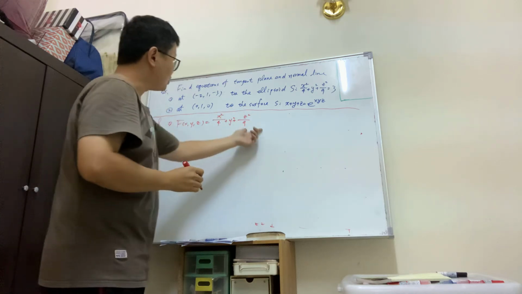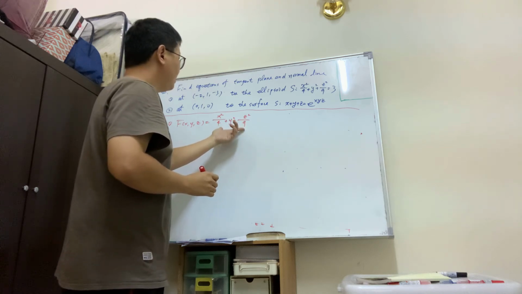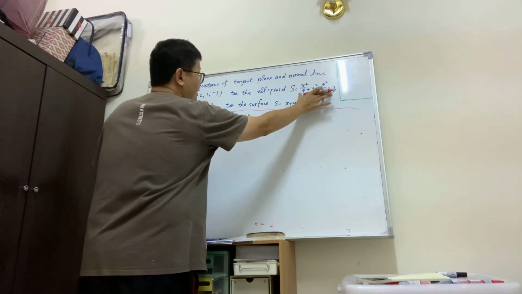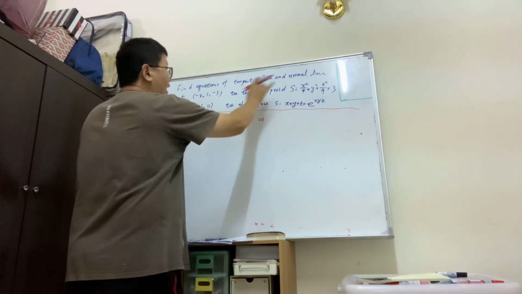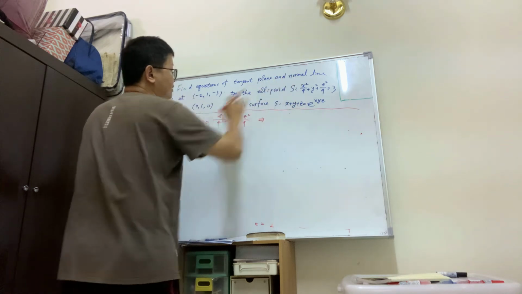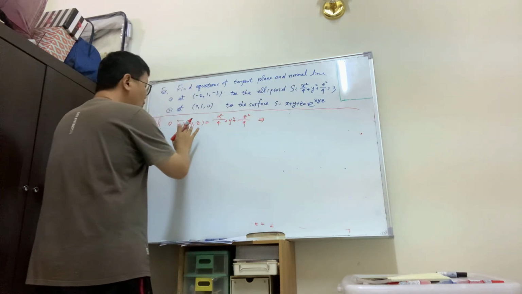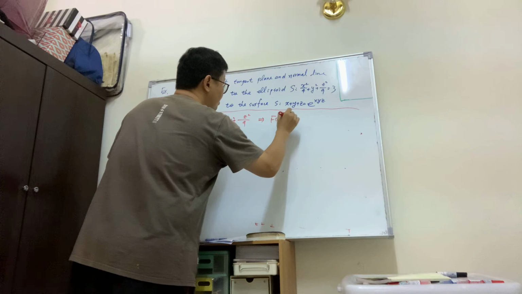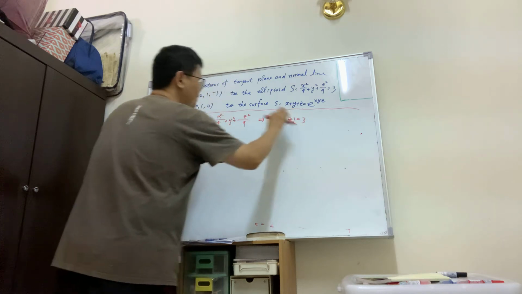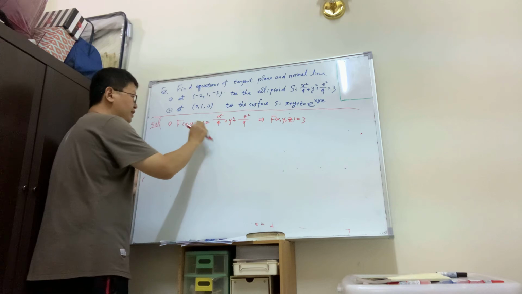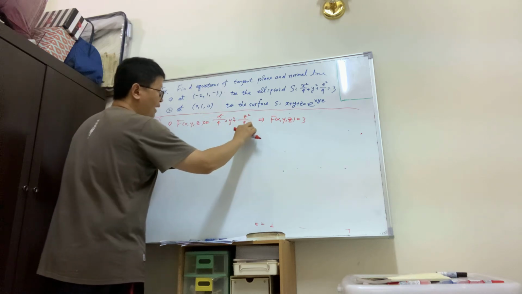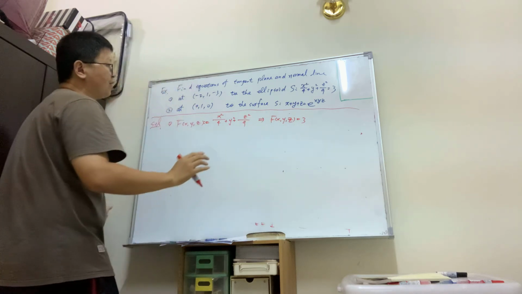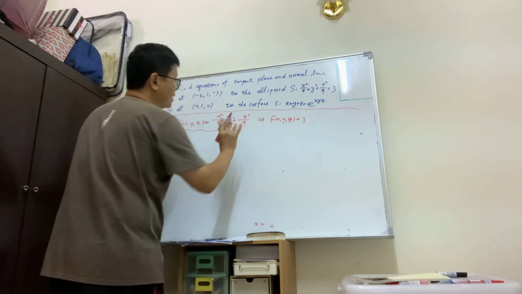Of course, you could subtract 3, or you could just keep this one. That's fine. Because if x, y, g satisfy this equation, it means that it's on the surface S. So F of x, y, g equals 3. But if you define the function F by subtracting 3, then it will be equal to 0. That's fine, either way.